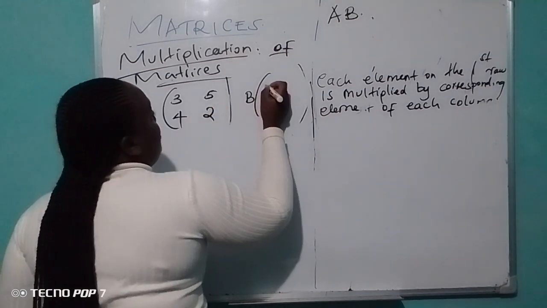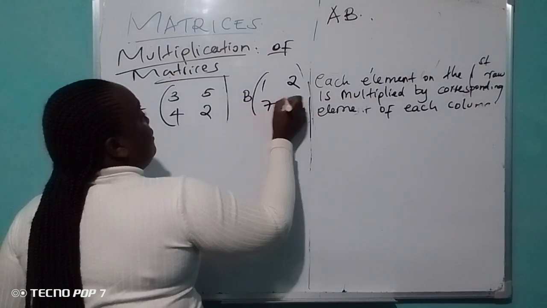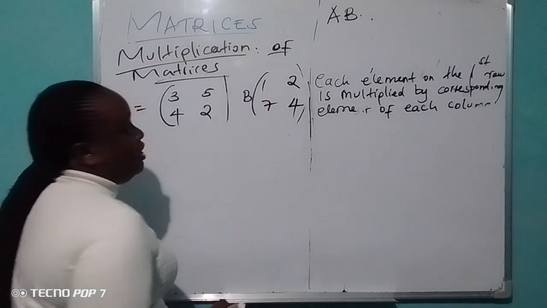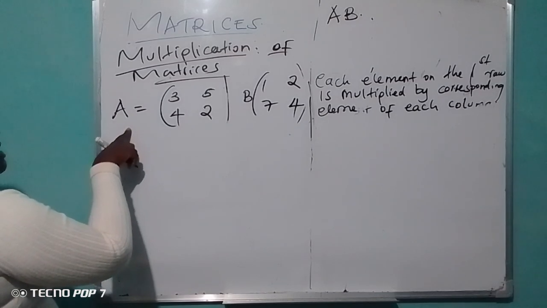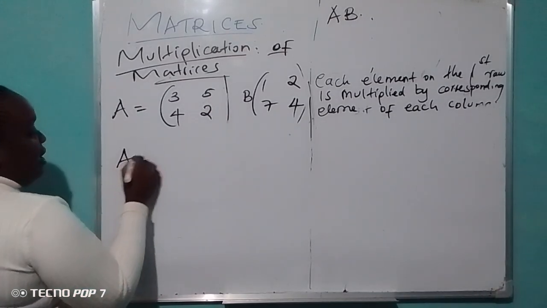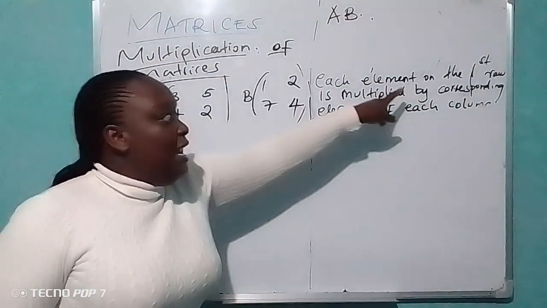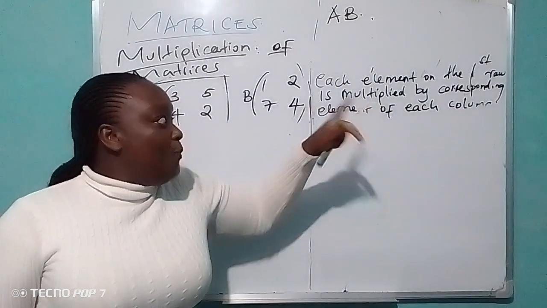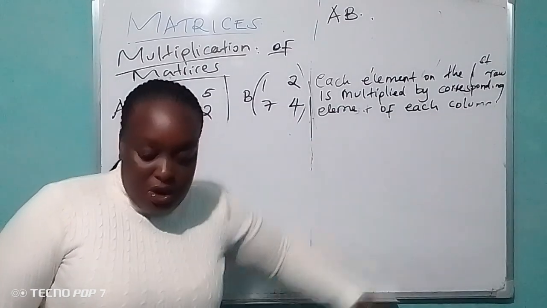Then hapa itakuwa 1, 2, 7, 4. So A times B, we want to multiply A times B. Each element on the first row is multiplied by corresponding elements of each column.